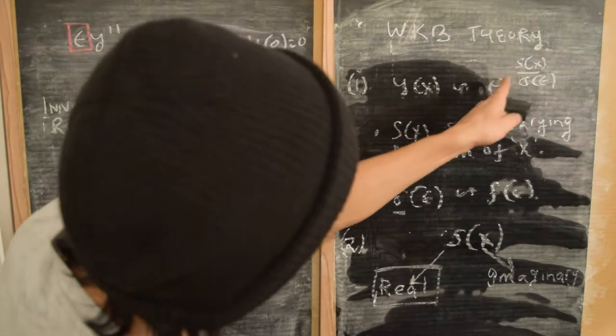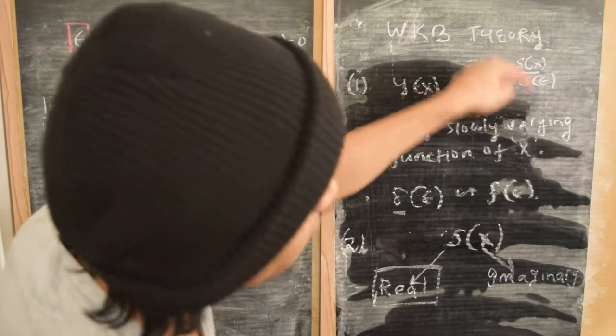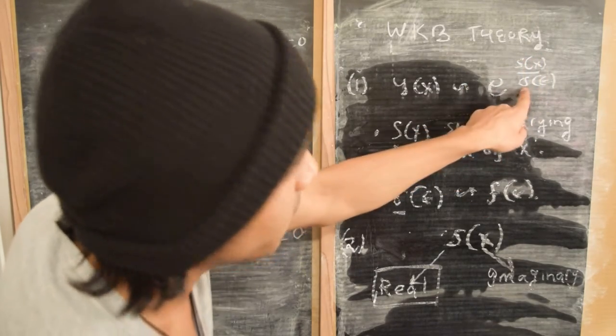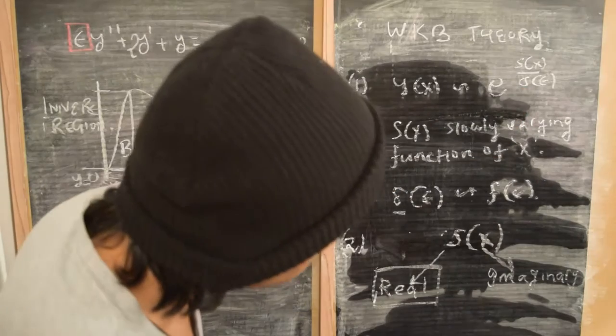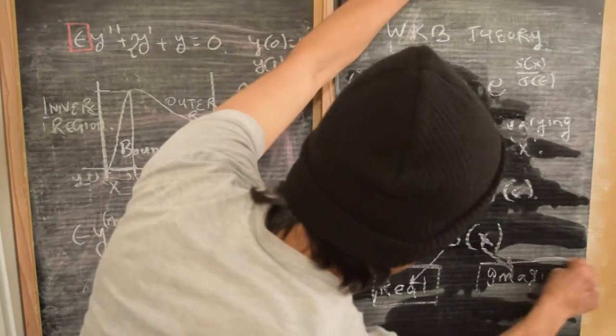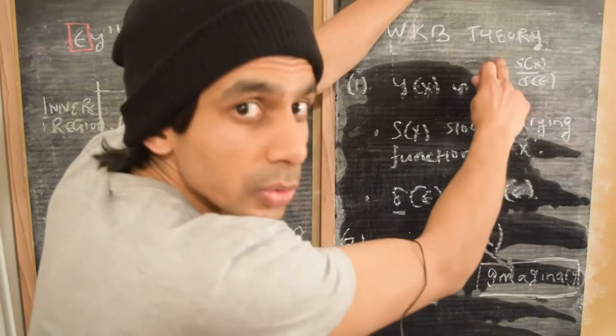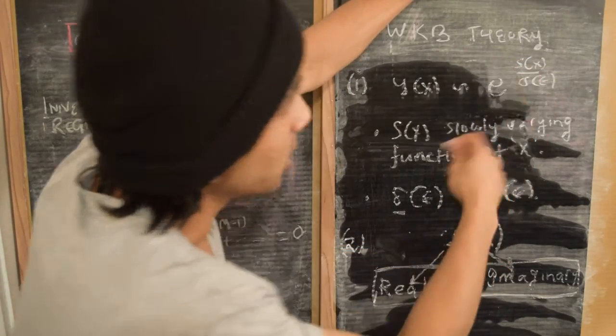So if S of x is real, you'll have something that's exponentially increasing or decreasing over a length scale that's of the order of delta. When S of x is imaginary, then we have something like e to the power of the unit imaginary i times some real function.